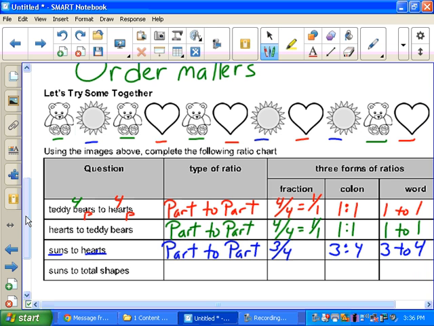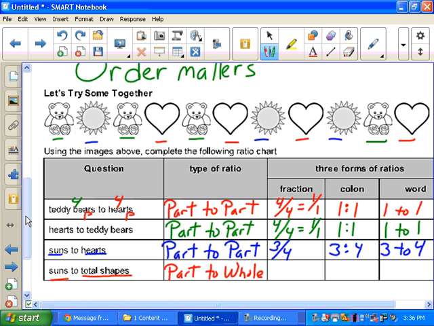And our last one. Here we are asking for the ratio of suns to total shapes. What kind of relationship is that? Very good. The type of ratio is a part to whole, where we are comparing the suns, which is part, to the total shapes, which is the whole.